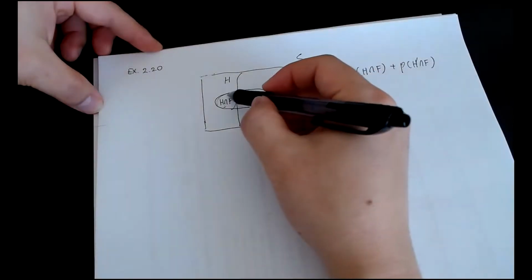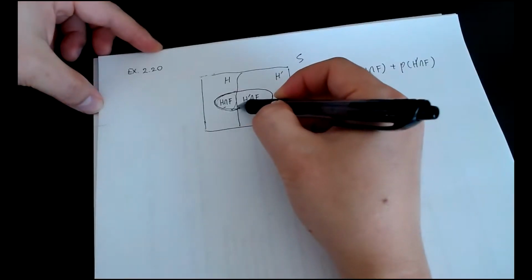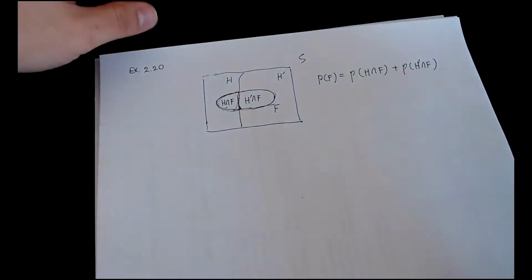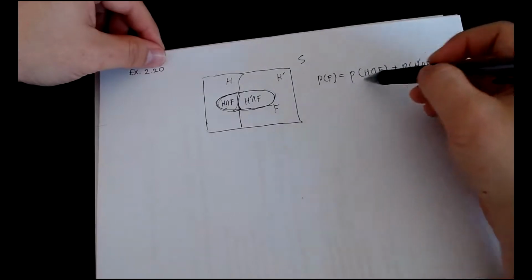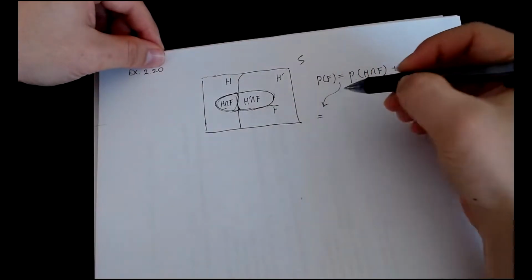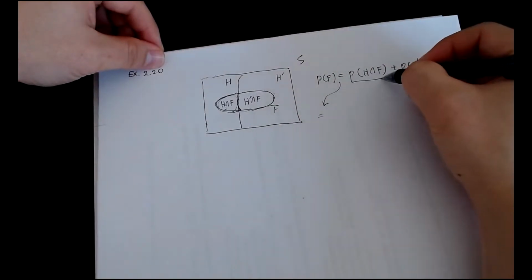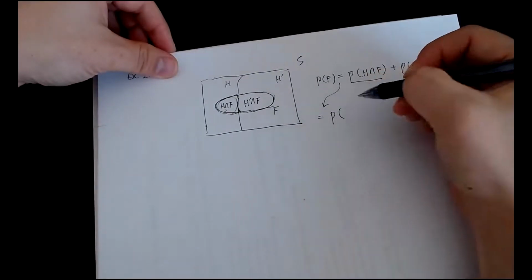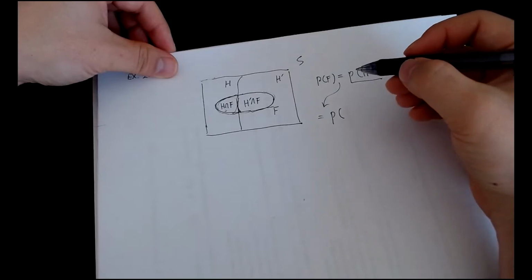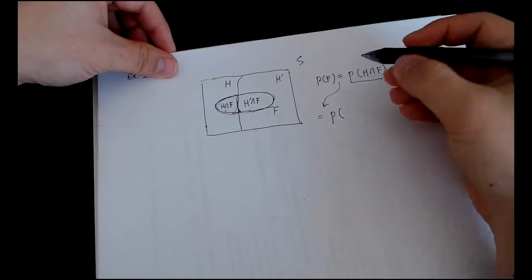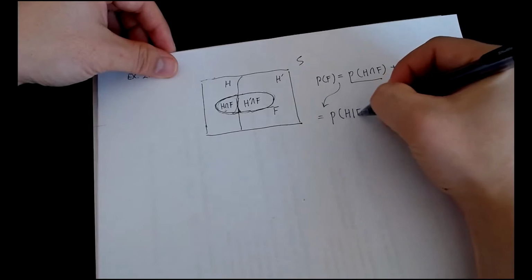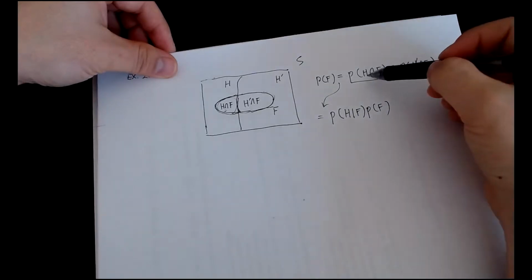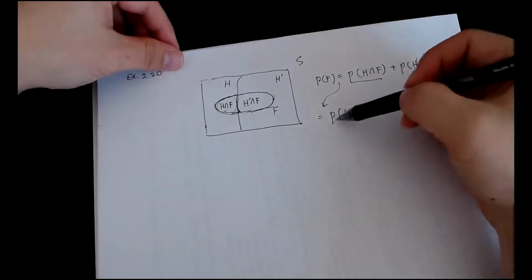The two subsets, H intersection F and H prime intersection F, are mutually exclusive, so we could express P of F like this. And now this is equal to what? P of H intersection F, applying the multiplication rule. So let me say this is P of H given F, and then P of F. You may just apply the multiplication rule so that we got this.